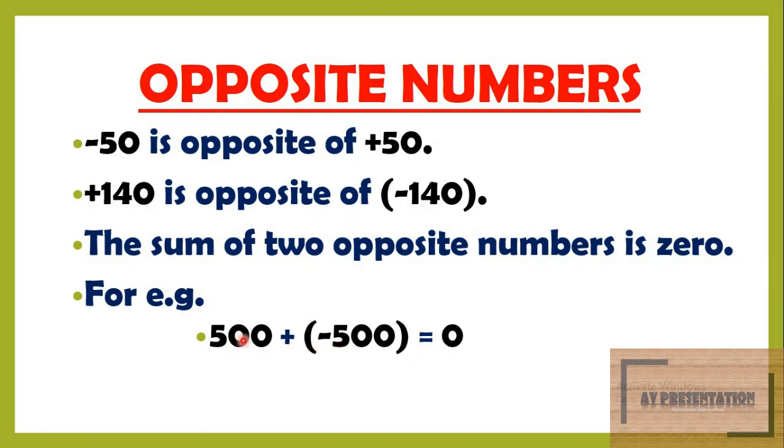So both numbers are opposite numbers. In the addition of integers, if both numbers are opposite, then subtract them from each other. Then 500 minus 500, the sum is 0. The answer is 0.